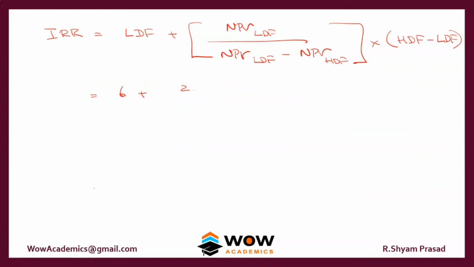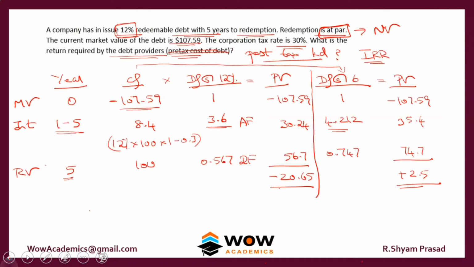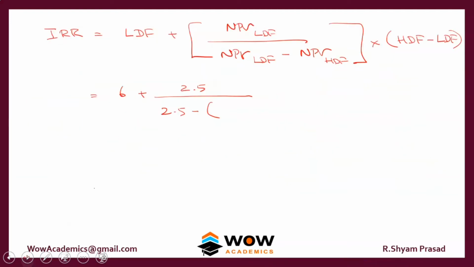So NPV at low discount factor was 2.5. The formula has a minus, and the NPV at high discount factor 12% comes to minus 20.65. Solve this part and then multiply it by the high discount factor, which is 12, minus the low discount factor, which is 6.